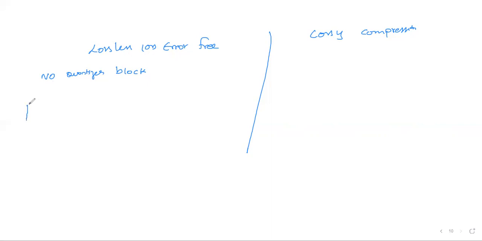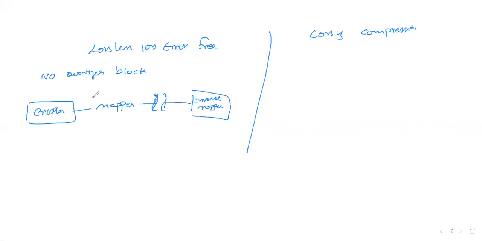So the basic block diagram is input image, encoder, mapper, then transmission through the channel, and then inverse mapper. After the inverse mapper we use the decoder, giving the decompressed image.